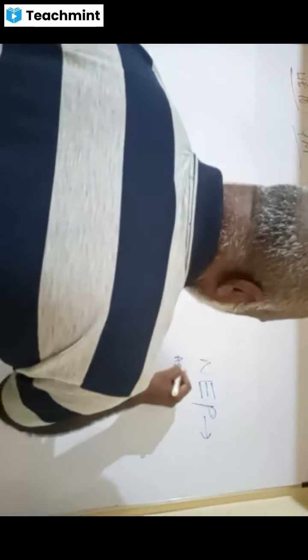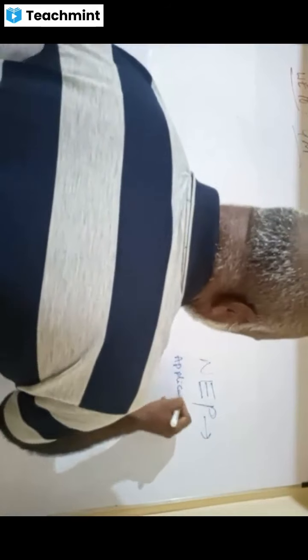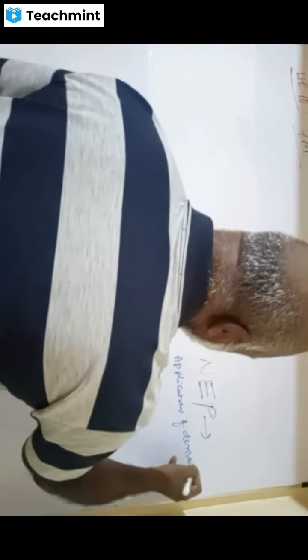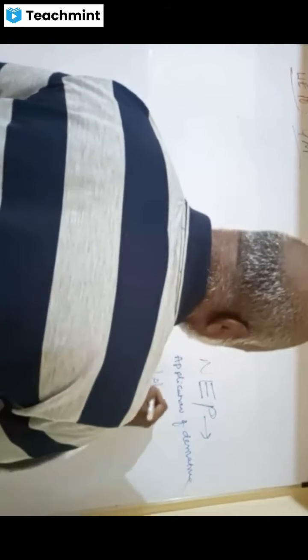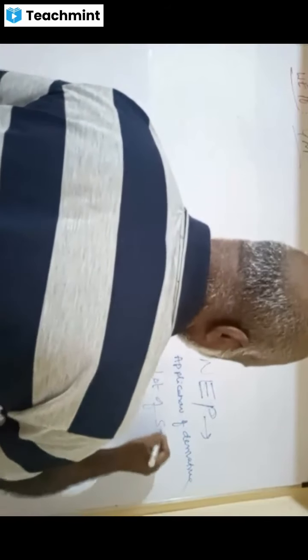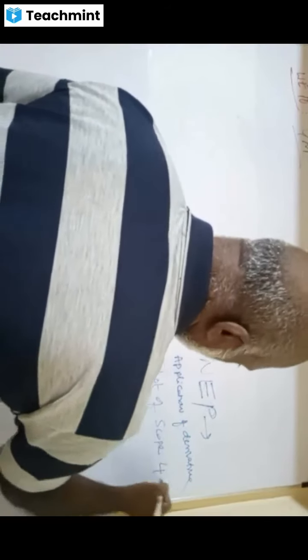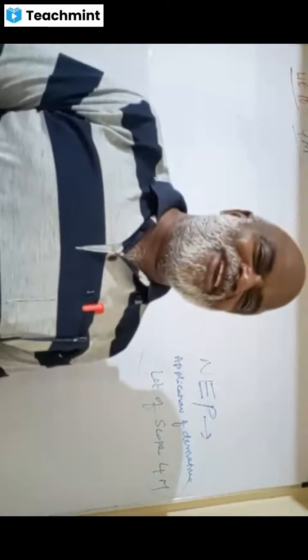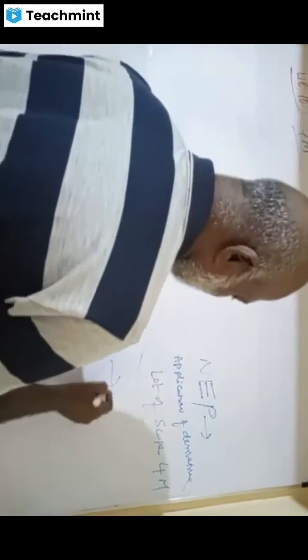These are the chapters which are familiar for case study questions. Application of derivatives, number one, always one question will be there. Application of derivatives has a lot of scope for case study questions. For 4 marks, it will definitely come, so prepare it. That's why one question will come. Next, only 2 questions of 4 marks will be there.